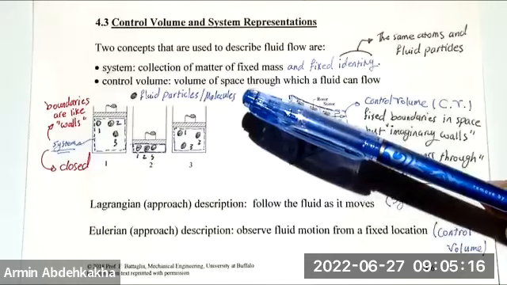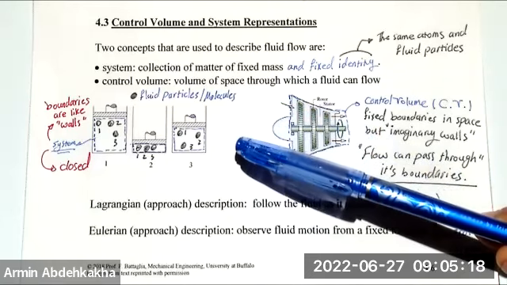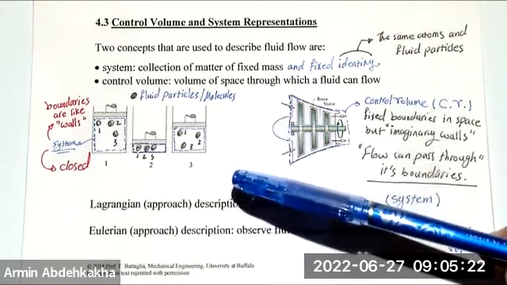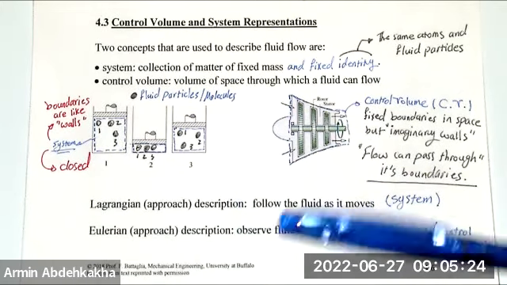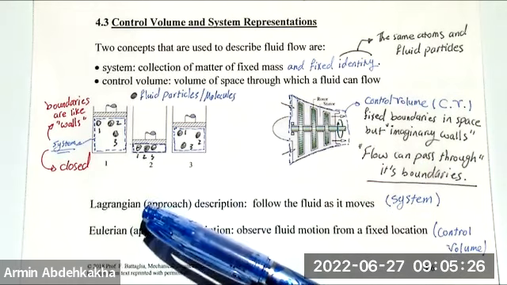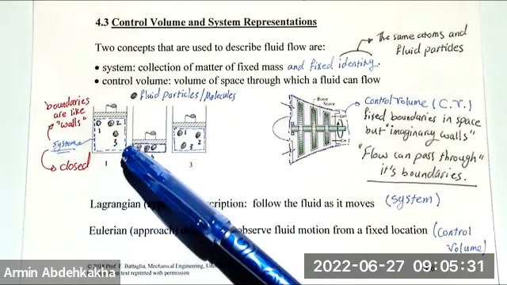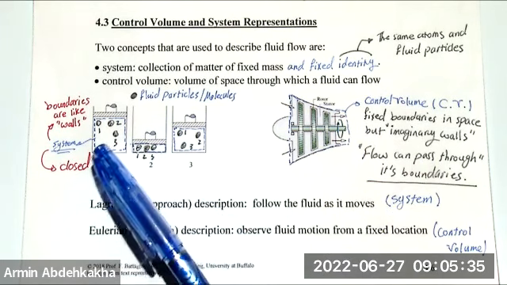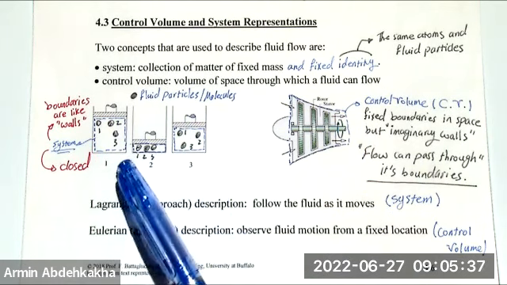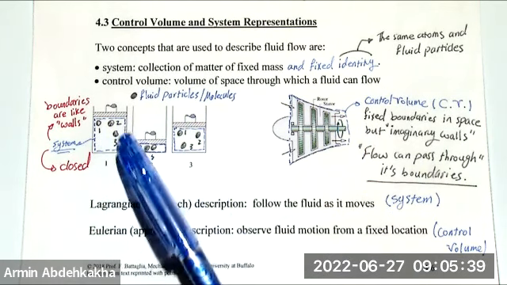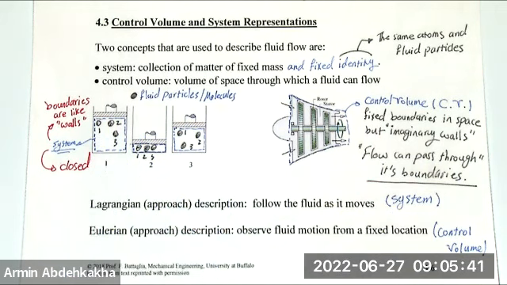At first, the system is a collection of matter, a fixed mass with fixed identity. For example, here you see a car piston. You can see the gas or fluid inside of that, where the fluid particles, molecules, or atoms are numbered here. So these are the identities of these molecules, right?